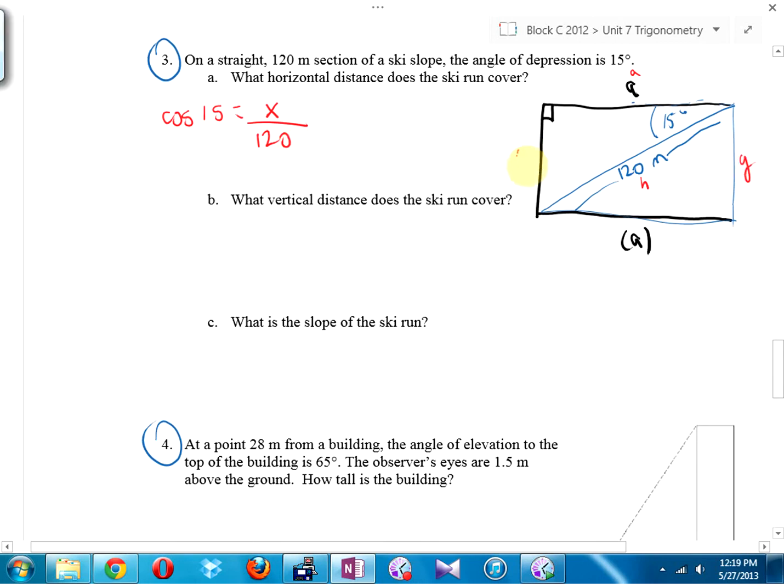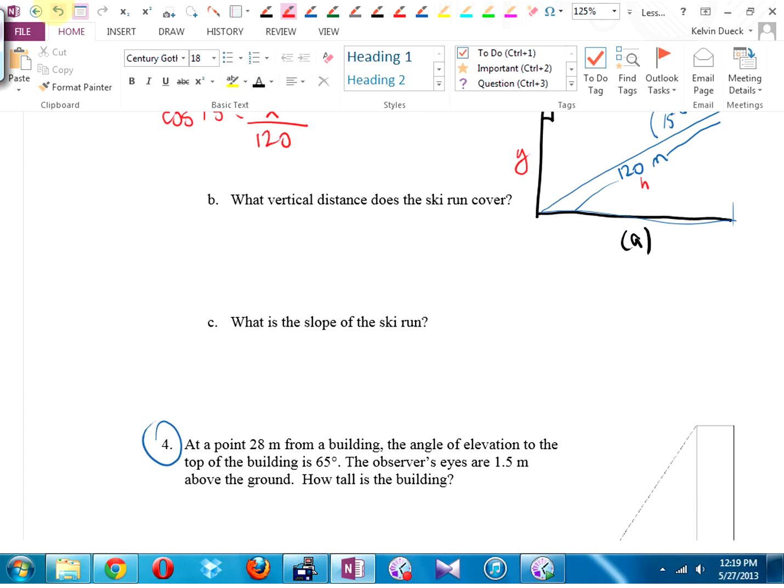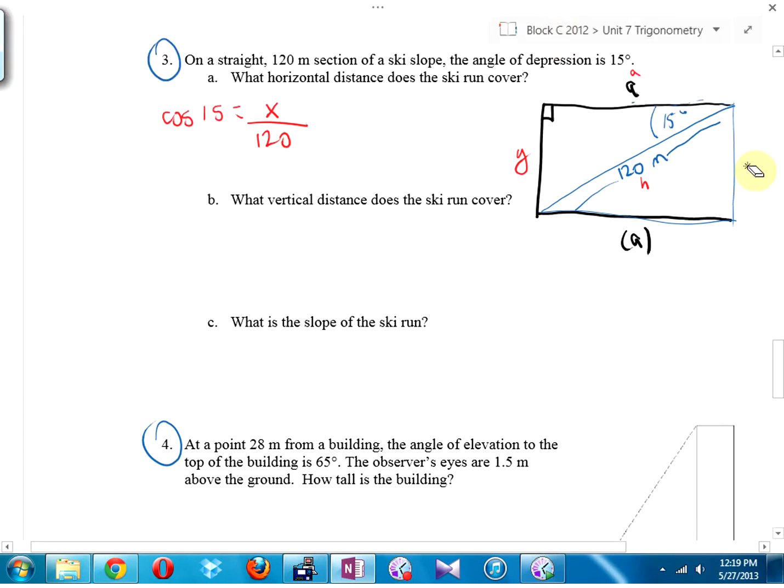I think that's that, which is going to be opposite hypotenuse. I think it's going to be sine. Yes, Darian? Is that okay? Yeah.